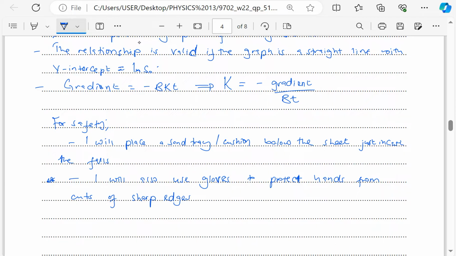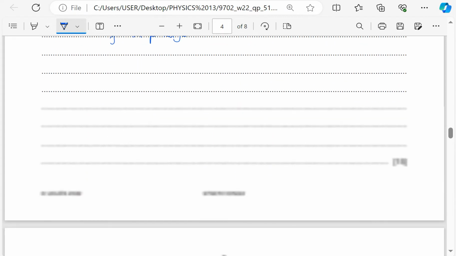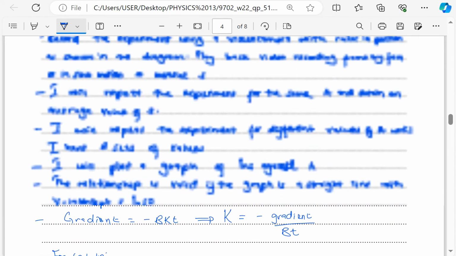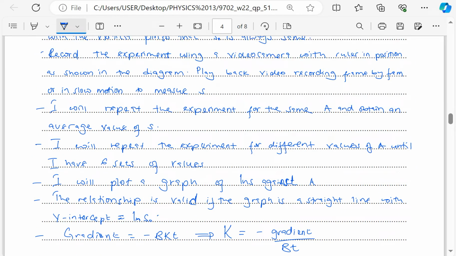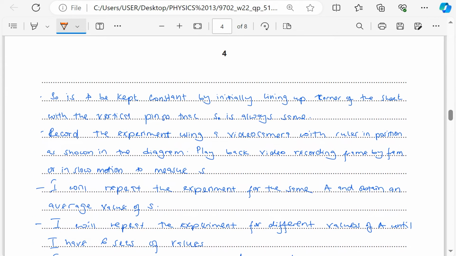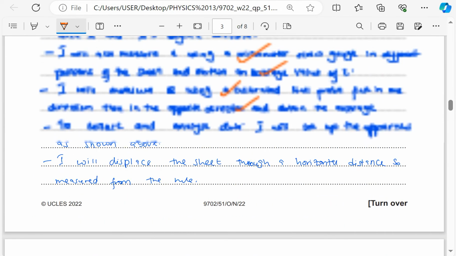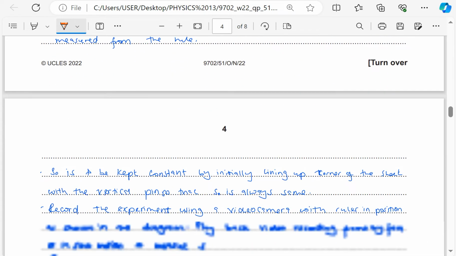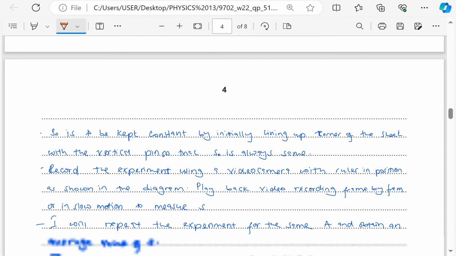Okay, so I think that is question number one. I've tried my level best to exhaust most of the marking points that the examiner would look for. And maybe just to show you more of the marking points apart from the ones I've mentioned there. To collect and analyze data, I will displace the sheet through a horizontal distance S naught. That will not give you a mark because it's already expected.